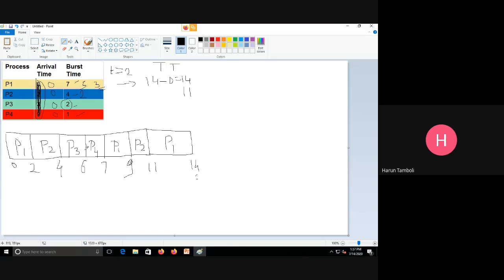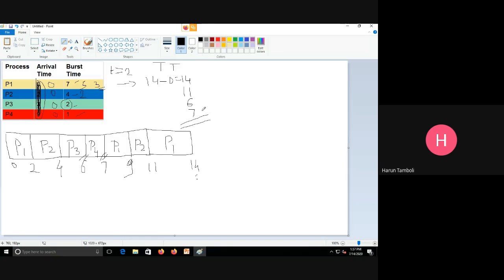For P3 the completion time is 6. So 6 minus 0, again 6. So 6 is the turnaround time for P3, and for P4 it is 7. So 7 is the turnaround time.